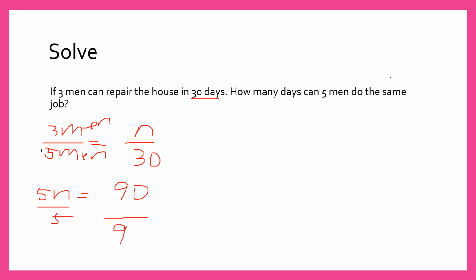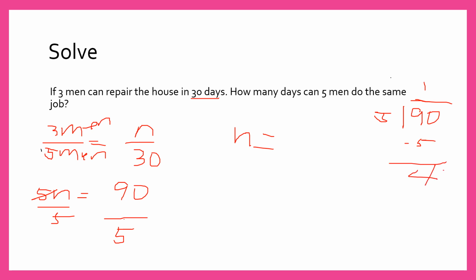So n is equal to, if you divide 90 by 5, we have 1, then 4, 40 divided by 5 is 8. 8 times 5 is 40. Okay, so that means you have 18 days.